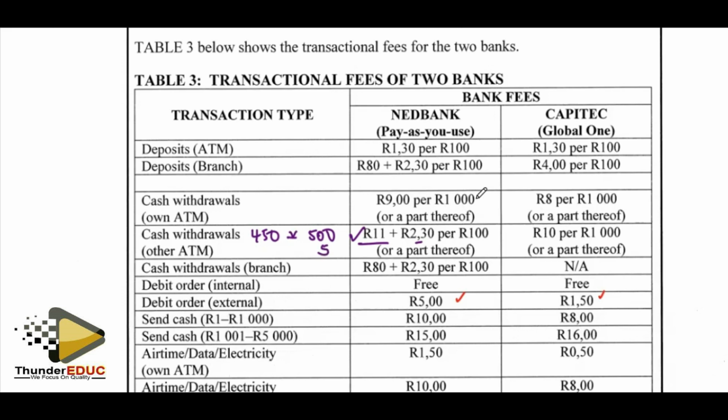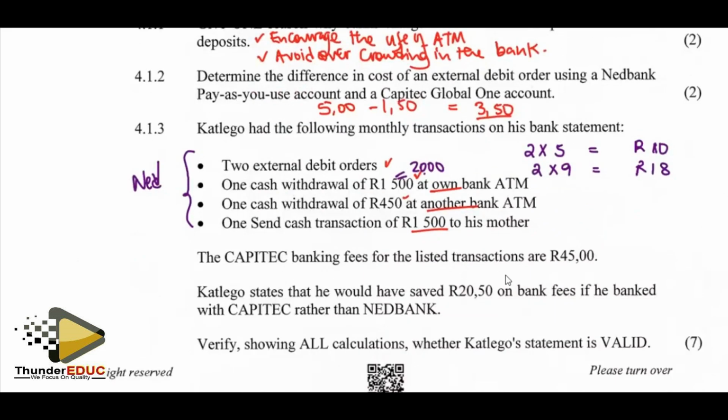There are 5. So it will be 11 plus 2.3 times 5, where the 5 comes from the hundreds, which is 22 rands 50 cents.